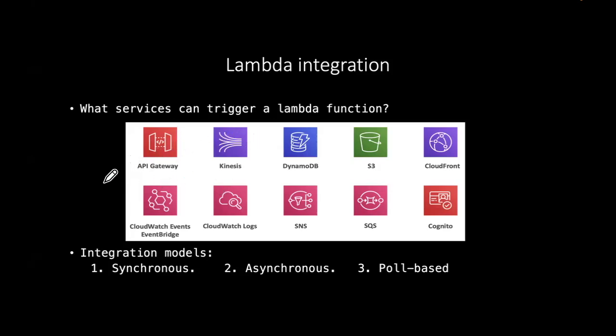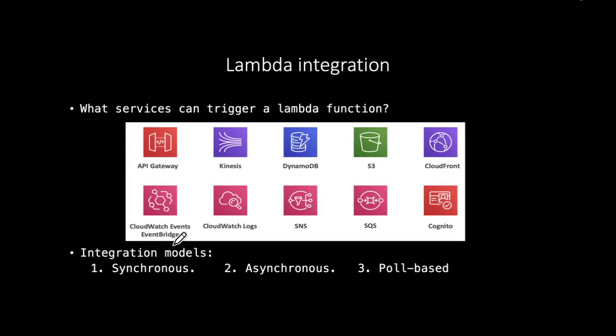Now, there are three models of integration, and you don't have a choice as to which model you pick. The model depends on the source service that wants to trigger the Lambda.